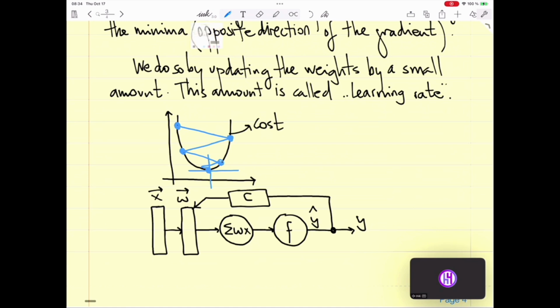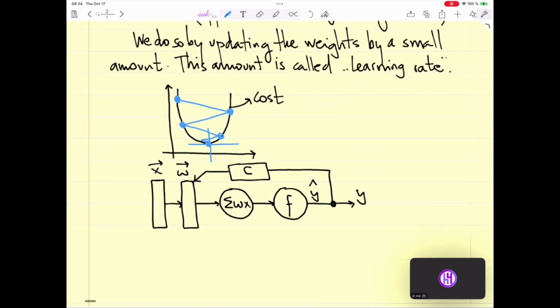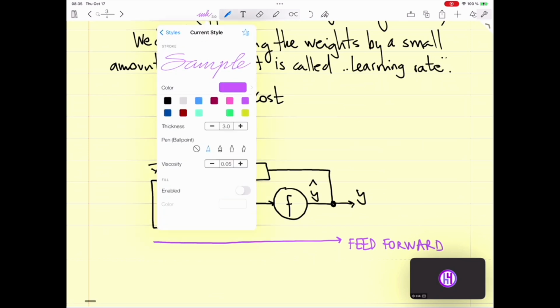So there are two steps here, or two directions. One direction is that way, and this way is the feed forward process. This is the feed forward process because it goes in one direction.